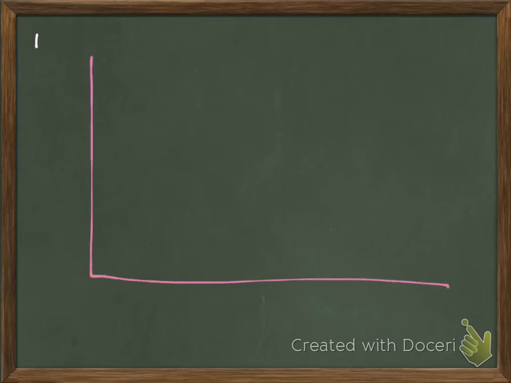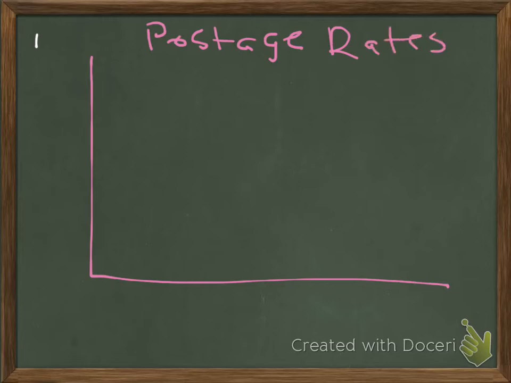You obviously don't need all the quadrants, but you have the postage rates, and it goes by year. So years are always X because those are independent. And then the rate here is going to be your Y. So we go from 1982, and it looks like every 5 years.